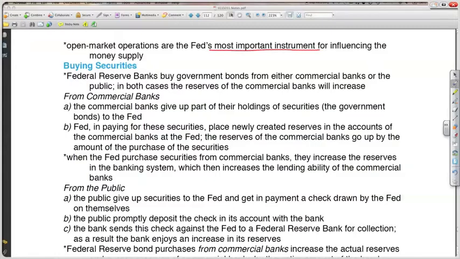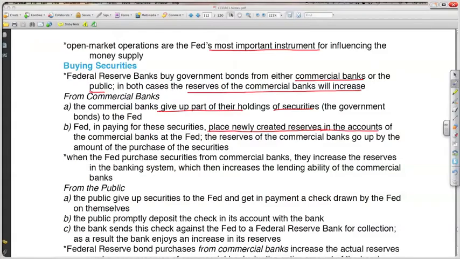So first we start off with buying securities or buying bonds. Remember, they can buy them from either commercial banks or the public. And when this happens, the reserves of commercial banks are going to increase. When the Fed buys bonds or securities from commercial banks, the commercial banks give up part of their holdings of securities, those bonds that they sell to the Fed. In place, the Fed gives them newly created reserves in their accounts.